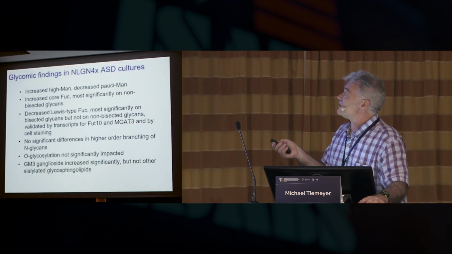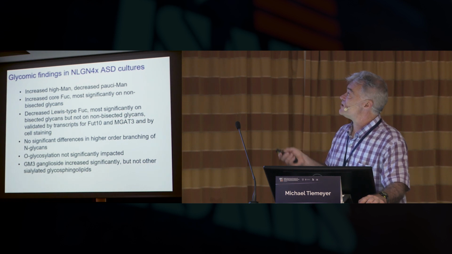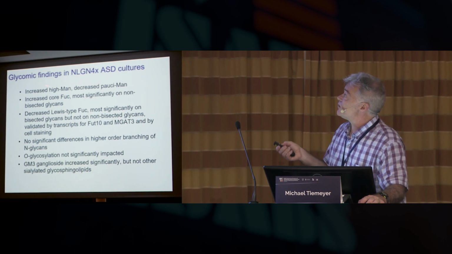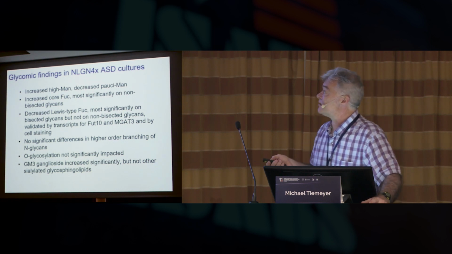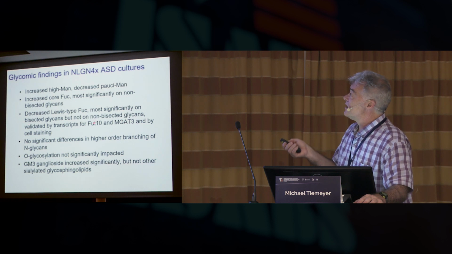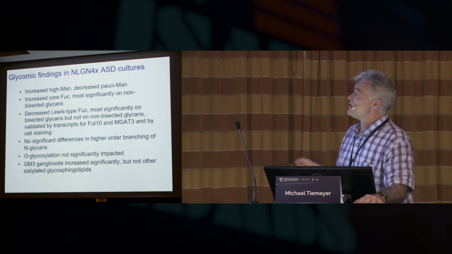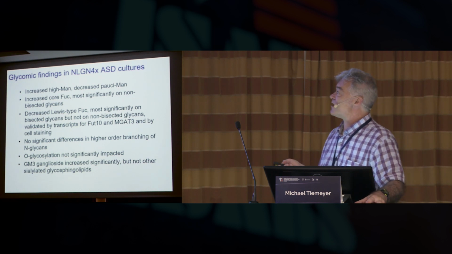So just summarizing the full glycomics we detected on these spectrum disorder cells, we have some increased high mannose, decreased pauci mannose, but more importantly, increased core fucose and decreased Lewis-type fucosylation, but differentially in the context of bisection in bisected glycans, that was orthogonally supported by changes in transcripts, as well as by staining cells for Lewis X expression.